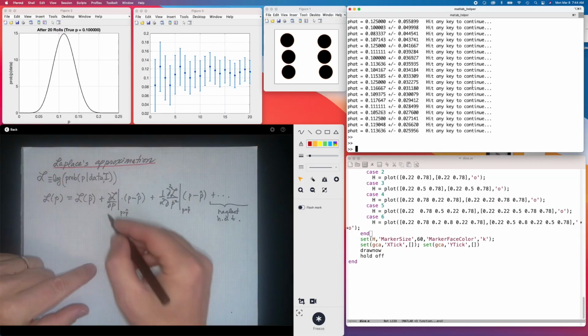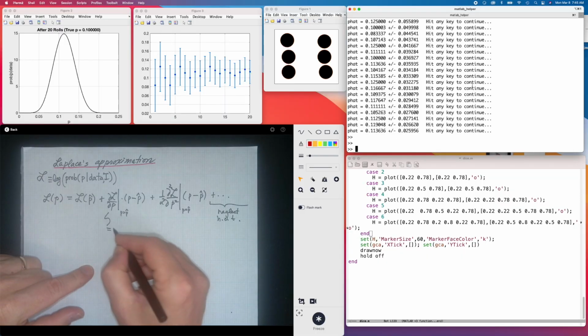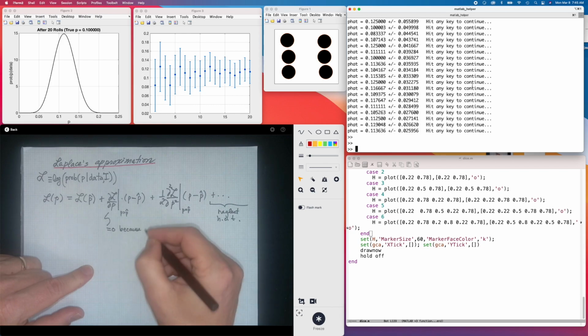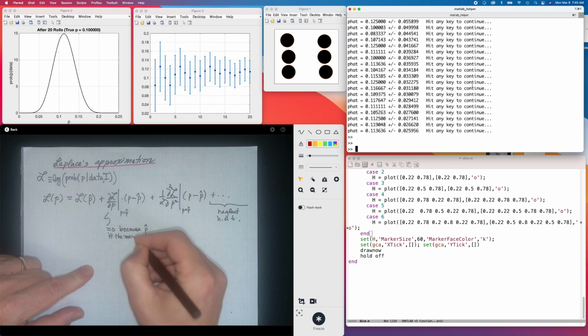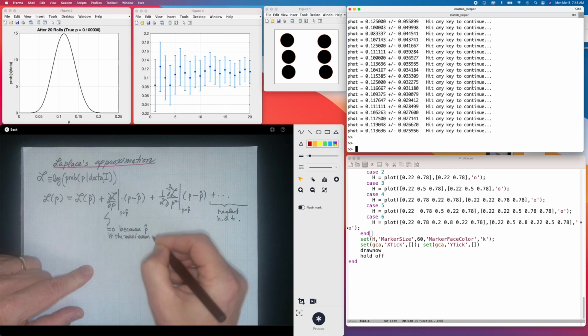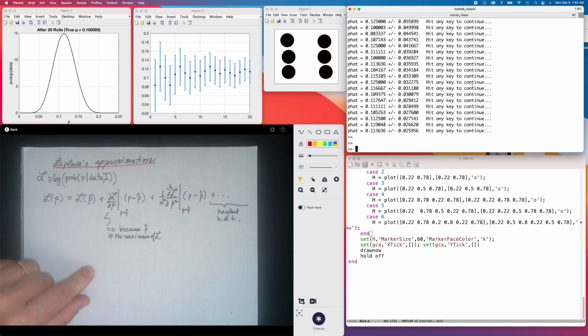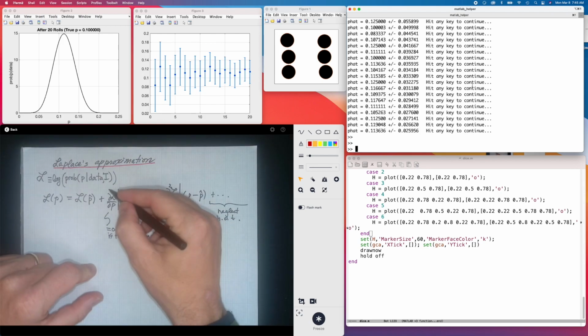At a maximum, the derivative goes to 0; you're increasing, and then the slope goes to 0 at the maximum. So this term is equal to 0 because p hat is the maximum of L, and so I can neglect this term.